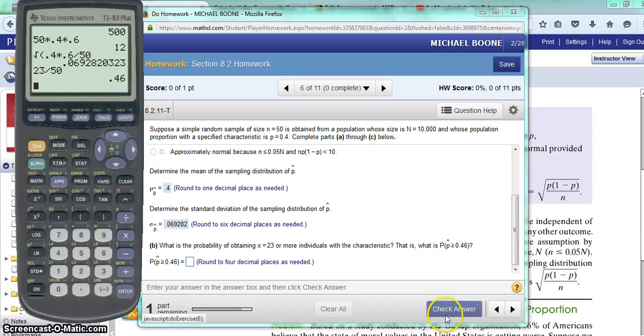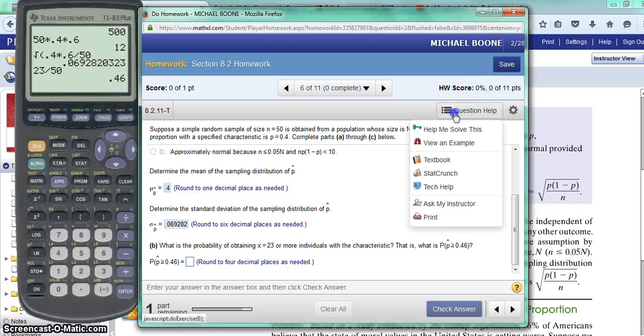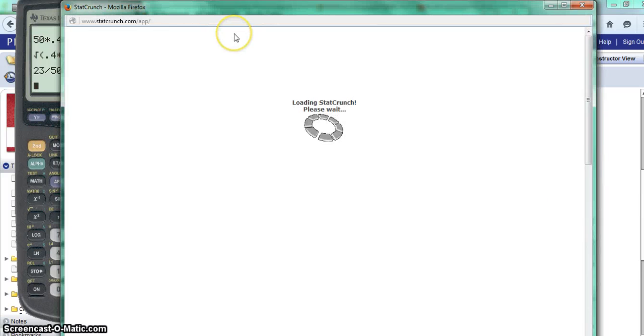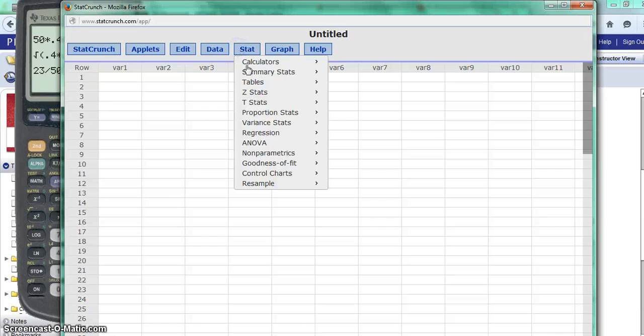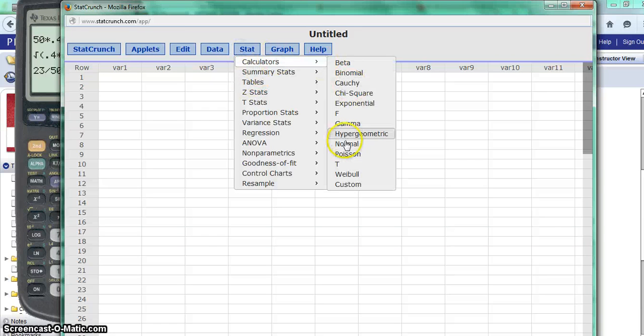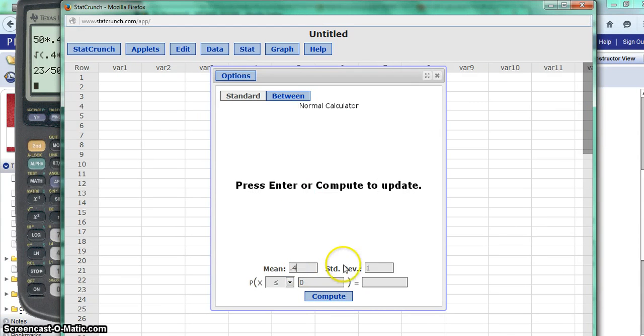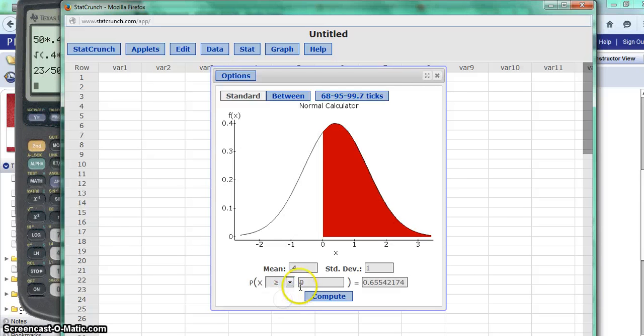To do that, we're just going to go to StatCrunch and find out this value. We're still going to be on our normal calculator. So our mean was 0.4. Remember, this was greater than 0.46.